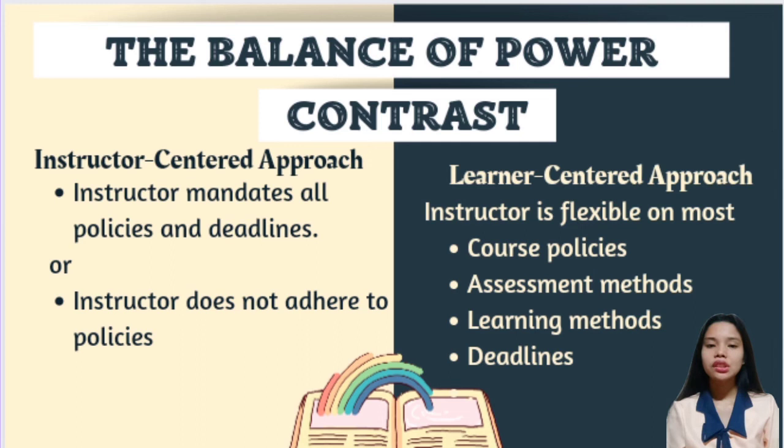In the teacher-centered approach, the instructor mandates all policies and deadlines, or the instructor does not adhere to policies. In the student-centered approach, the instructor is flexible on most course policies, assessment methods, learning methods, and deadlines, and always adheres to what the instructor has agreed to with the students.